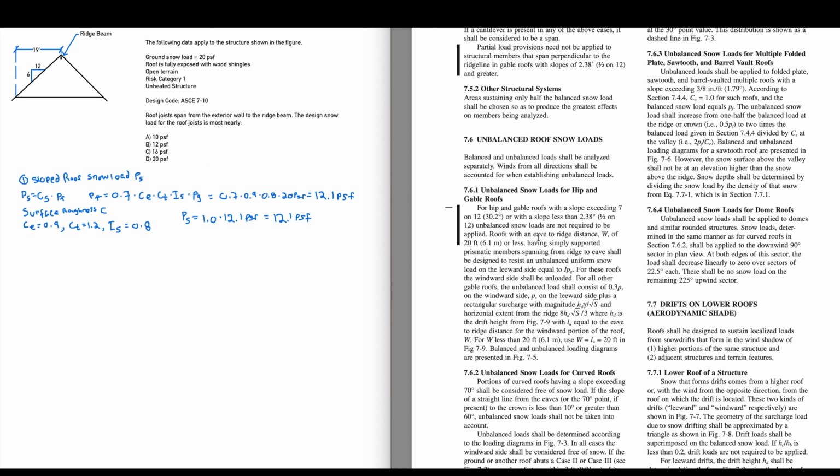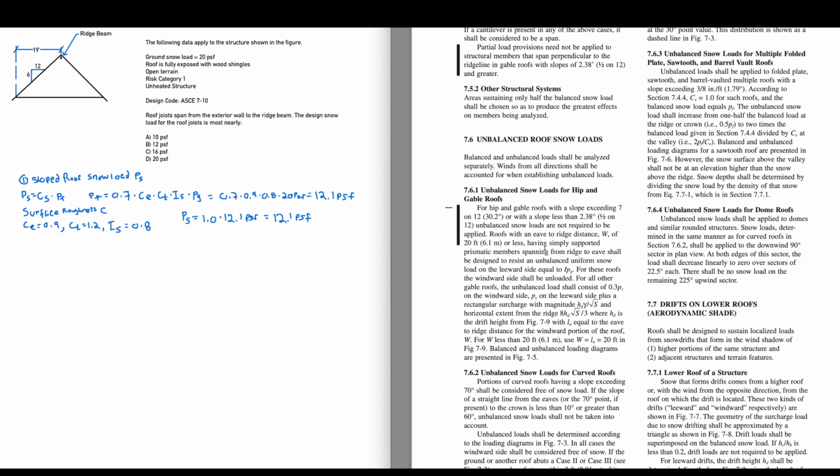So for roofs with an eave to ridge distance W of 20 feet or less, having simply supported prismatic members spanning from ridge to eave, shall be designed to resist an unbalanced uniform snow load on the leeward side equal to I times PG. And that's exactly what we have, right?